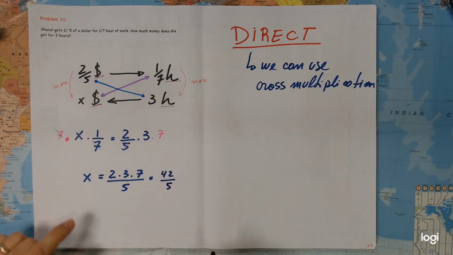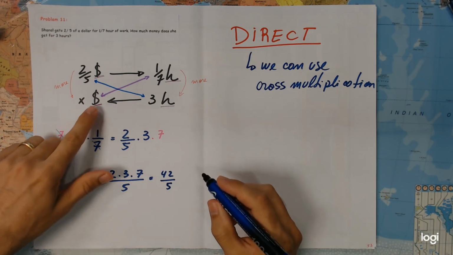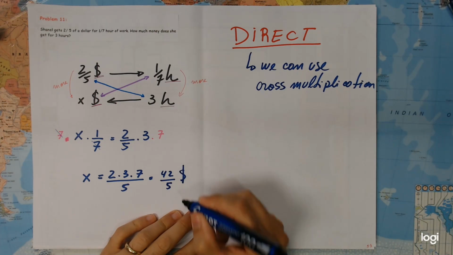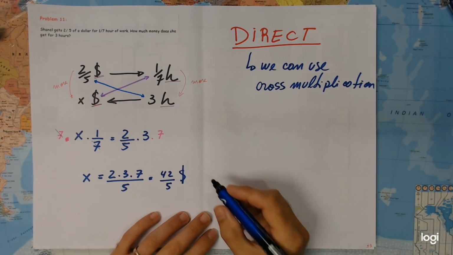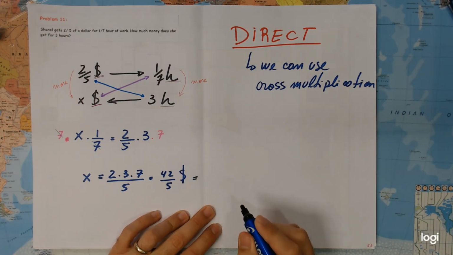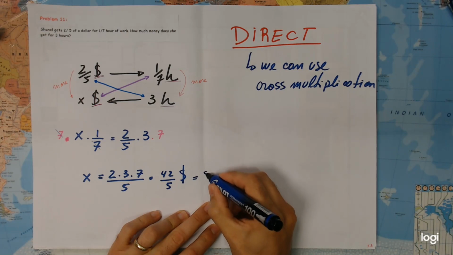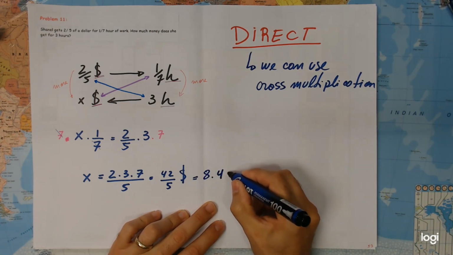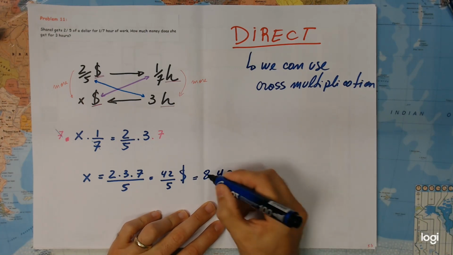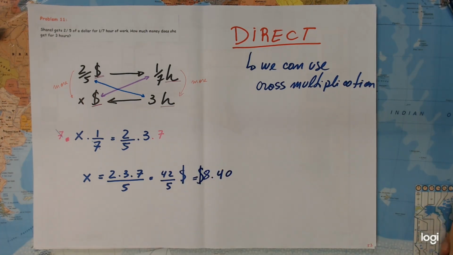Okay? What are the units? Hours, not hours, I mean dollars, right? This is going to be dollars. And if we just divide 42 by 5, it is 8.4. 8.40, right? It's money. Let's put it this way. That's it, okay? That's one way to solve it.